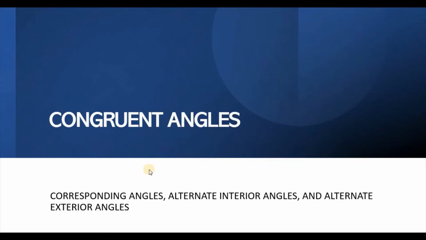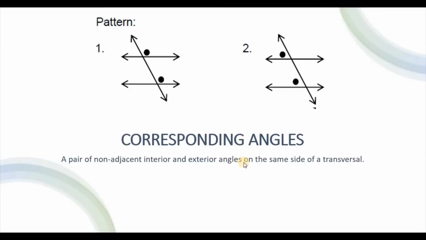Okay, let's proceed to the congruent angles. These are the angles formed that are congruent. Remember that when we say congruent angles, their measurements are equal. Okay, so let's have first the corresponding angles. When we say corresponding angles, they are a pair of non-adjacent interior and exterior angles on the same side of a transversal.